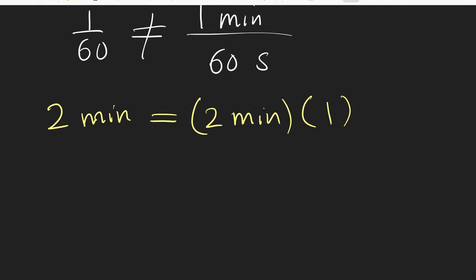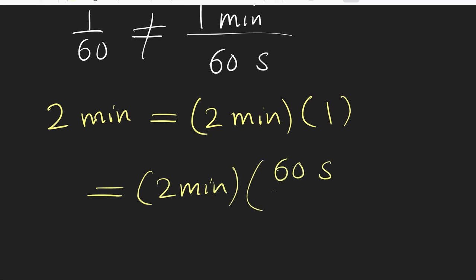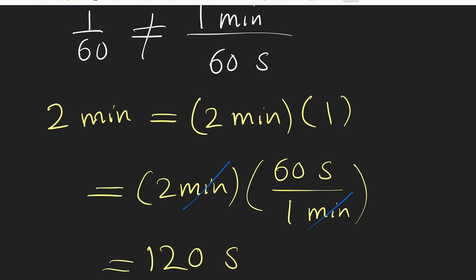So I can write this as 2 minutes times 60 seconds divided by 1 minute. Then minute cancels minute, and what remains is 120 seconds.